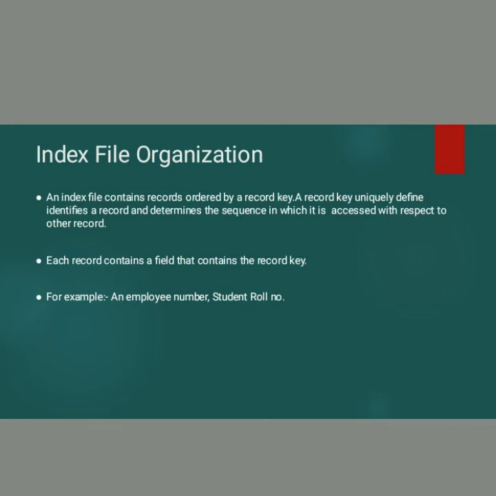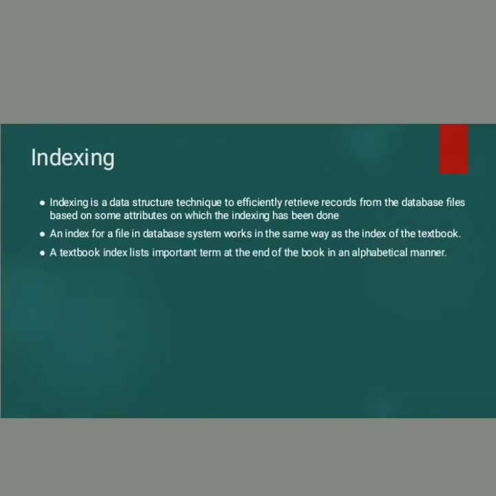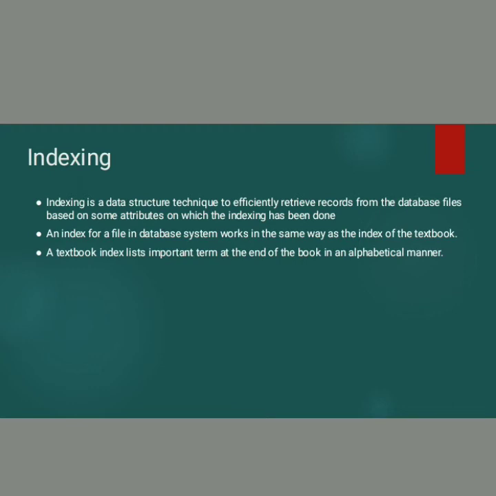Next, index file organization. An index file contains records ordered by a record key. A record key uniquely identifies a record and determines the sequence in which it is accessed with respect to other records. Each record contains a field that contains the record key. For example, an employee number or student roll number. And the last point is indexing.